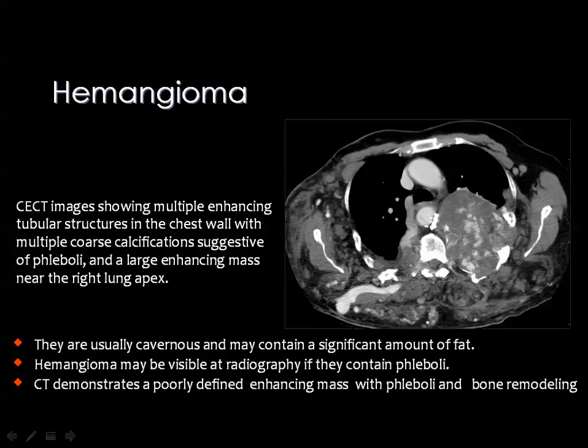The value of CT is to detect these minute lesions which represent calcified phleboliths, and these are undetectable by MRI. And this is the value and the sensitivity of CT to detect calcium over the MR scans.